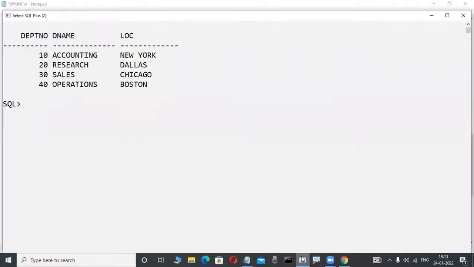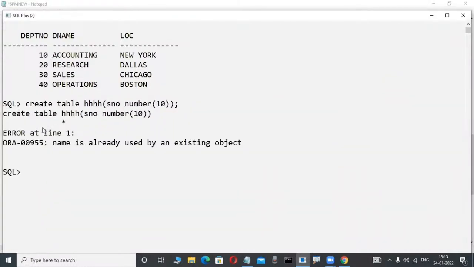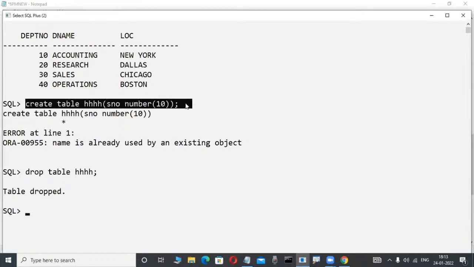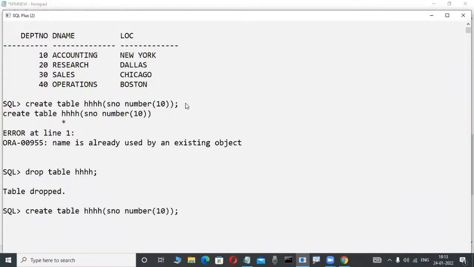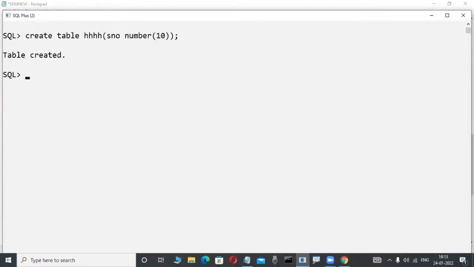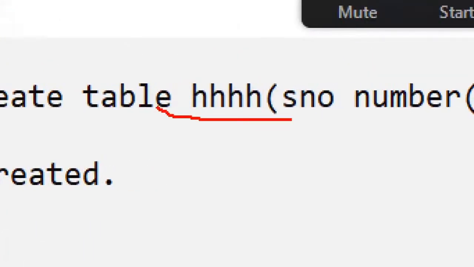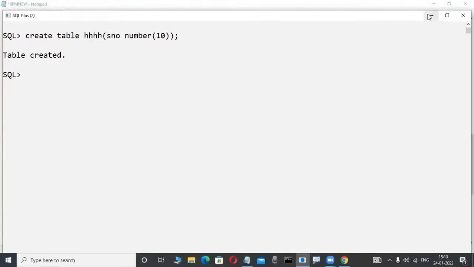Suppose you are creating a table or anything in your database, for example. Whenever I am creating a table here, observe: these tables are already there. Suppose I am creating this table in my database. Whenever I create a table, it is not visible in the operating system.